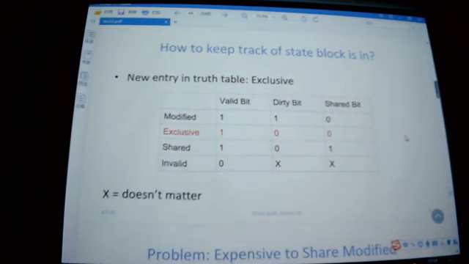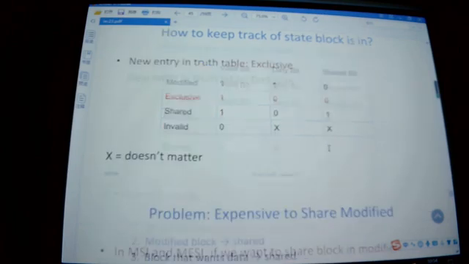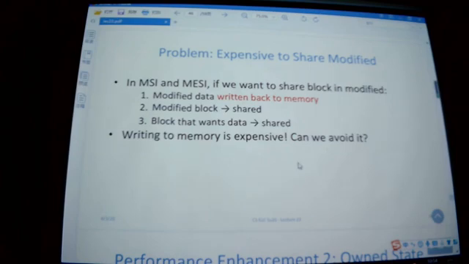Okay, how do we keep track of the state a block is in? We add the exclusive rules to the table. Okay, the problem is that sharing a modified block is expensive.